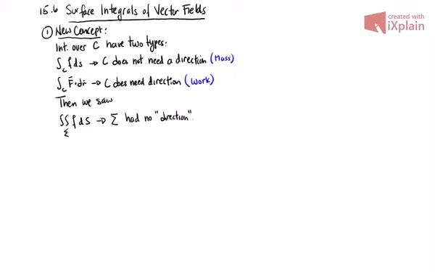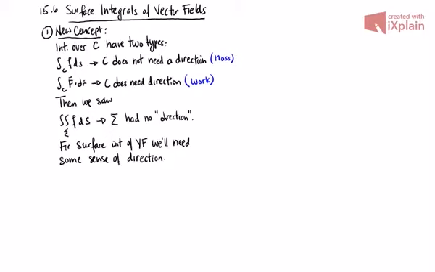We're about to, because when we do surface integrals of vector fields, we will. So for surface integrals of vector fields, we'll need some sense of direction, whatever that means. This is what we need to define.